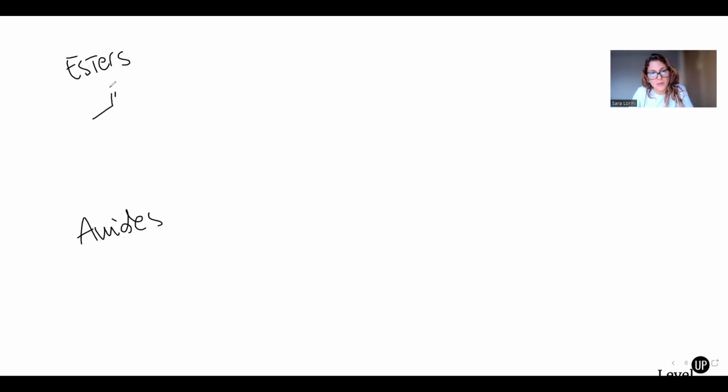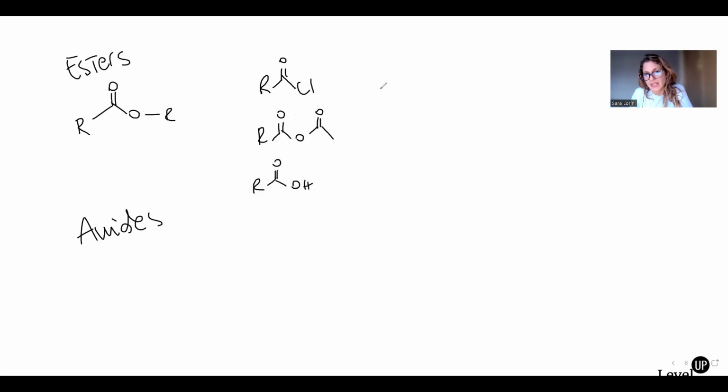So ester being carbon double bond oxygen with an oxygen, and then the other carbonyl groups, we would have acyl chlorides or acid anhydride or carboxylic acid, all reacting with, let's do R group, just to keep it general, reacting with an alcohol. Okay, so same mechanism.